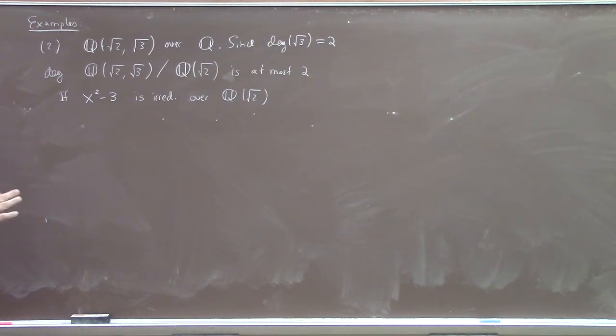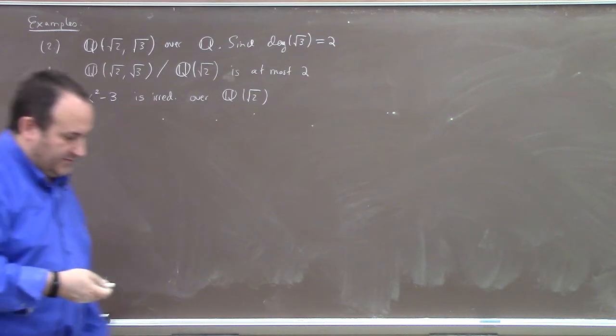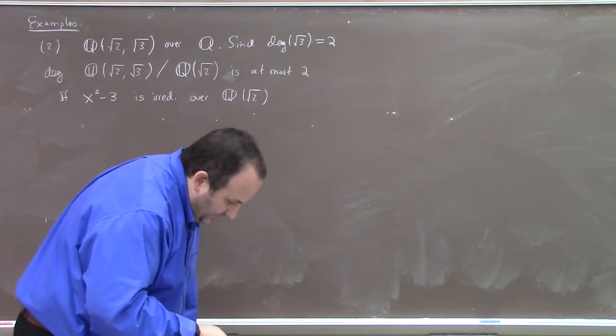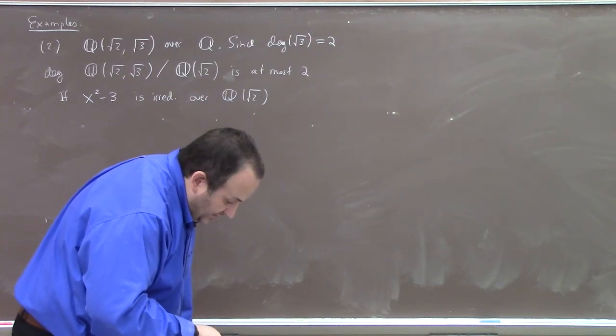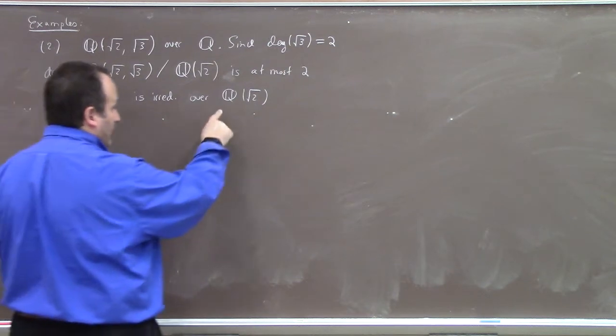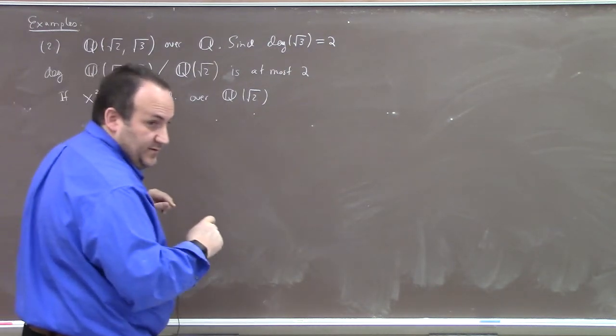So I think he was about to give a proof that it's irreducible over that. But it's over Q adjoin root 2, notice. Yes, this is irreducible over Q, true, but we're worrying about over Q adjoin root 2. That we don't know.